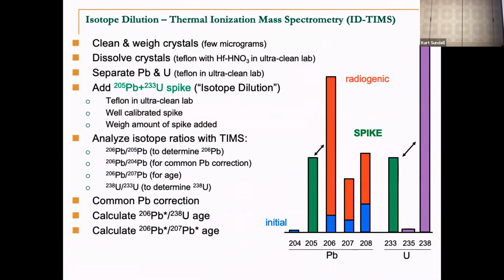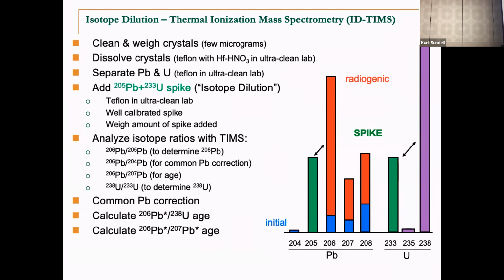Okay, so there's a lot of steps on this slide. This is more on ID-TIMS, thermal ionization mass spectrometry. Everything we need is over in this right-hand diagram here. We have our parent isotopes, uranium-235 and uranium-238, our daughters, 208, 207, 206, and our common lead, 204.